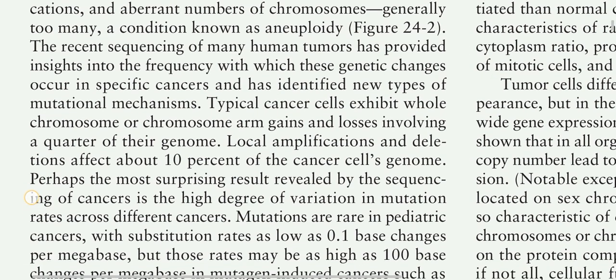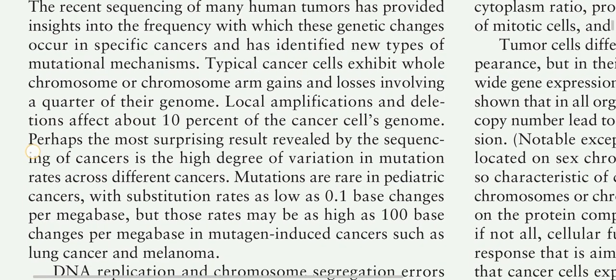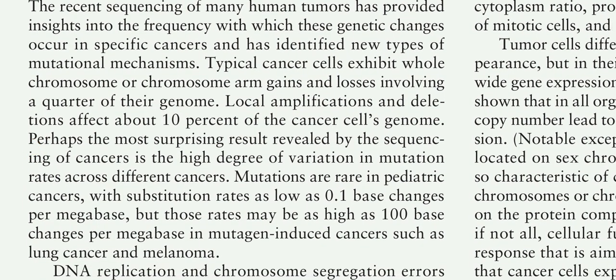The recent sequencing of many human tumors has provided insights into the frequency with which these genetic changes occur in specific cancers and has identified new types of mutational mechanisms. Typical cancer cells exhibit whole chromosome or chromosome arm gains and losses involving a quarter of their genome. Local amplifications and deletions affect about 10% of the cancer cell genome.